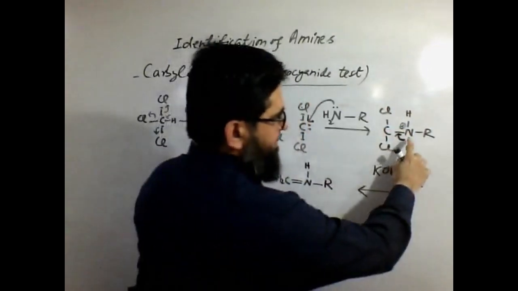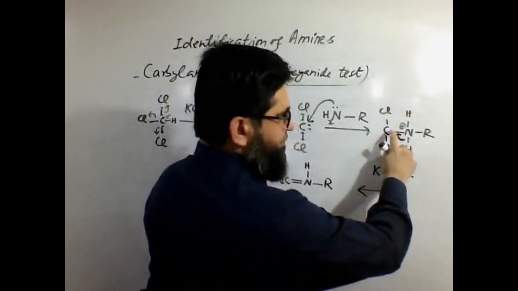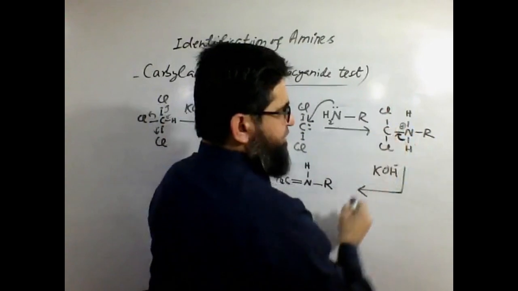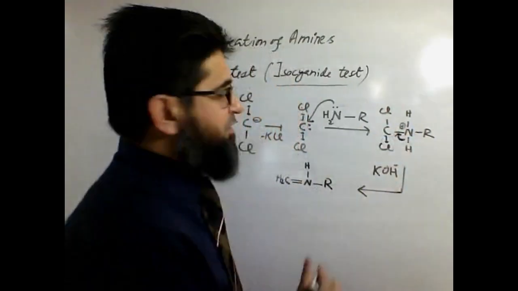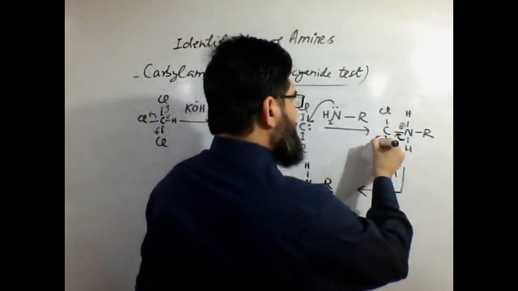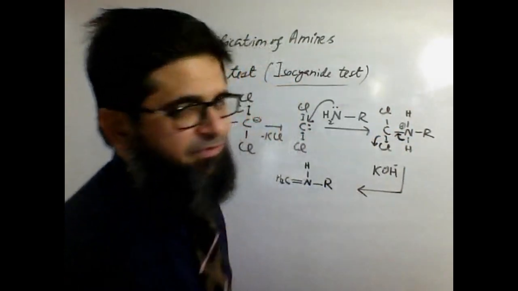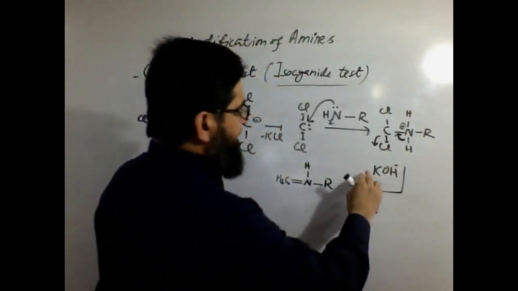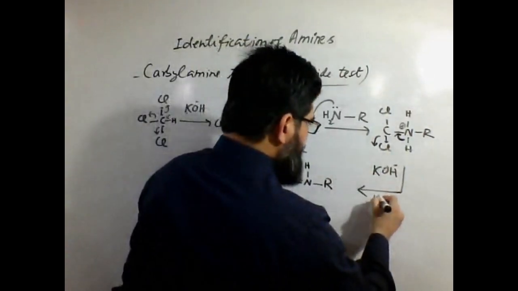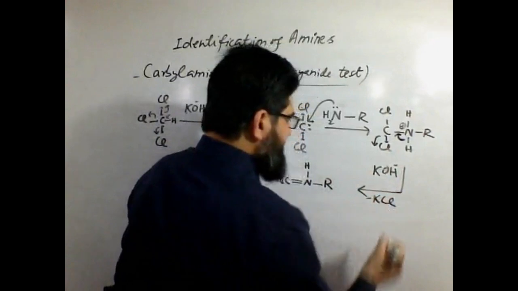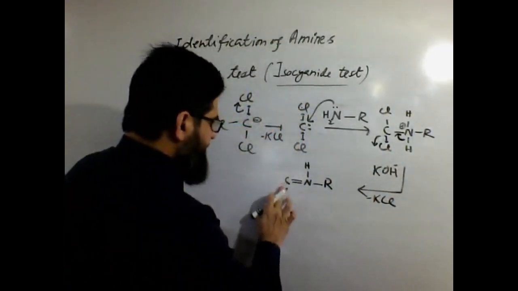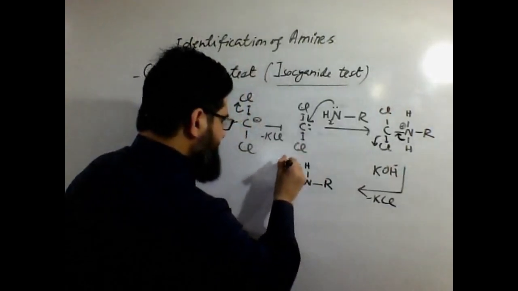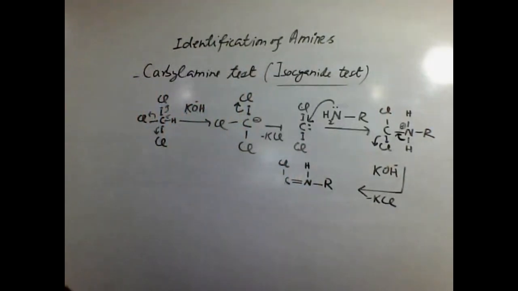So as soon as the bond is shifted from here to here between carbon and nitrogen, this chloro will be moved out as a leaving group in the form of a chloride, and it will react with K to move in the form of KCl. So what happens then, there will remain only one chlorine connected to the carbon.